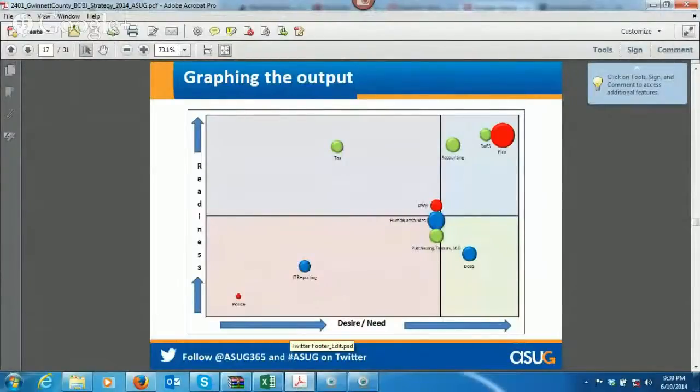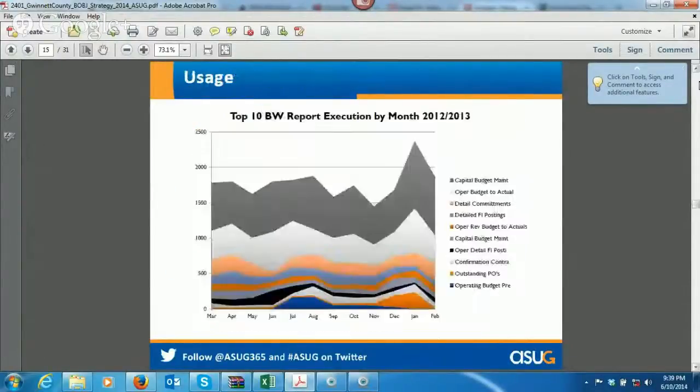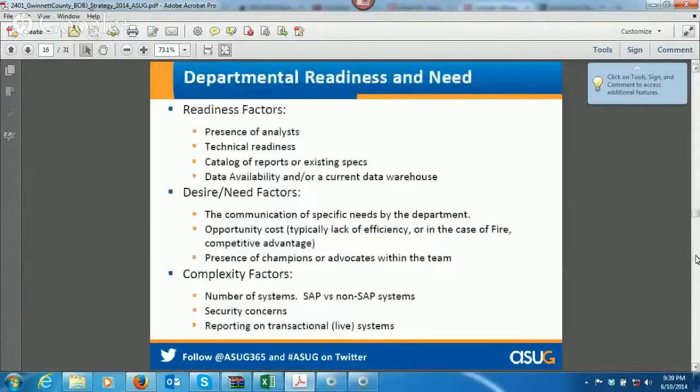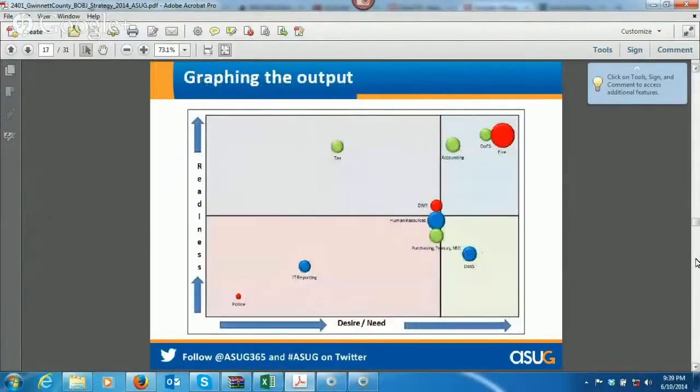Oh yeah. Okay, so this is a slide from my presentation last week, and every time I get to this slide, this is a magic quadrant. This is for a county that I did some work with, where the size of the bubble means the complexity of bringing them into a data warehouse, and there's the fire department, the accounting department, human resources, treasury, etc. You'll notice that each of these quadrants is a different color.